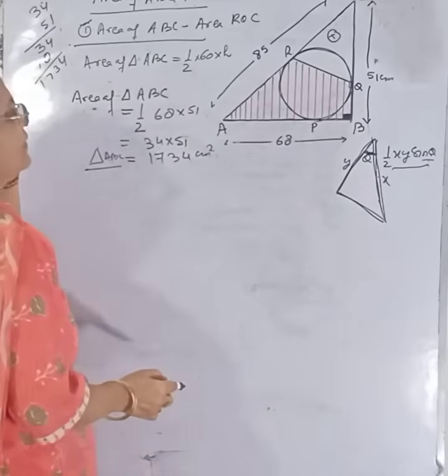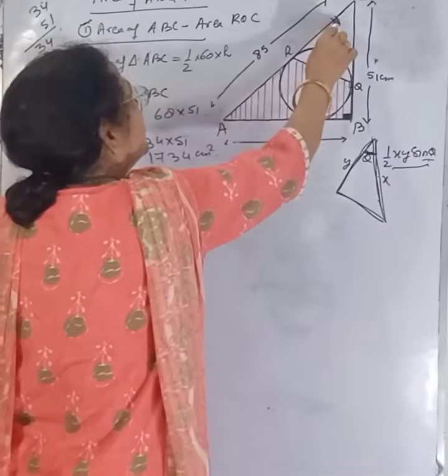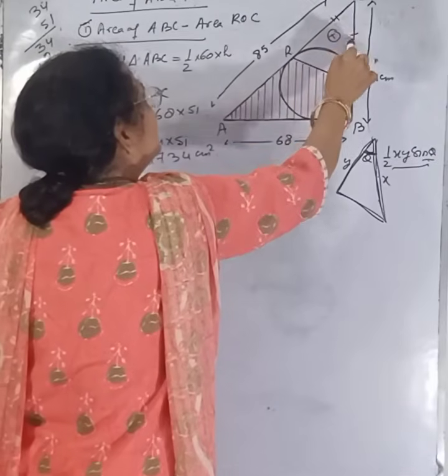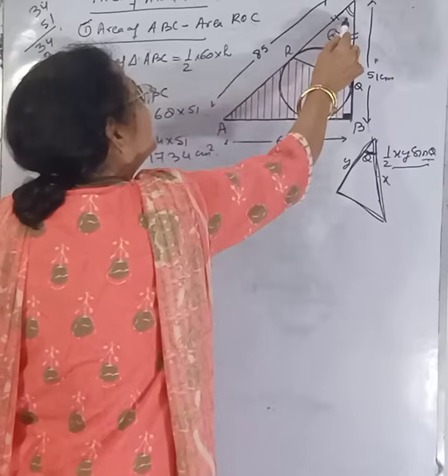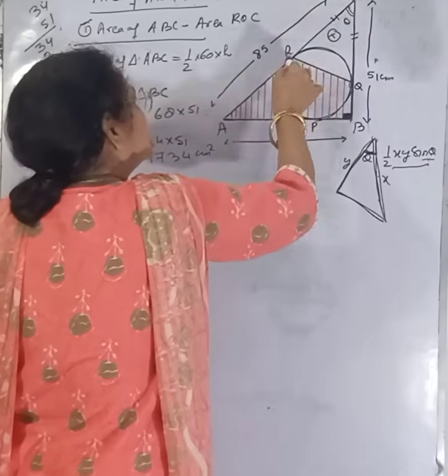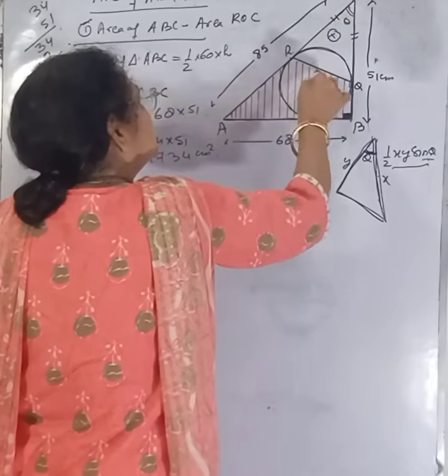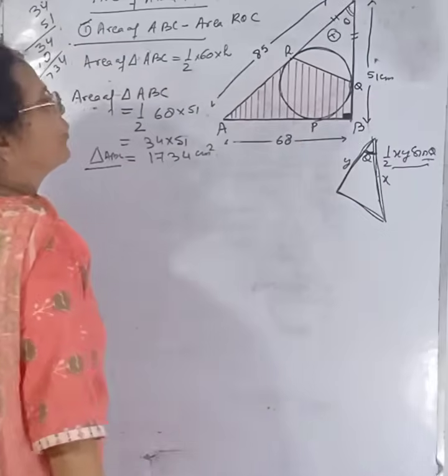In this way, if this arm is known to us and this arm is known to us and this theta is known to us, we can find the area of this triangle.